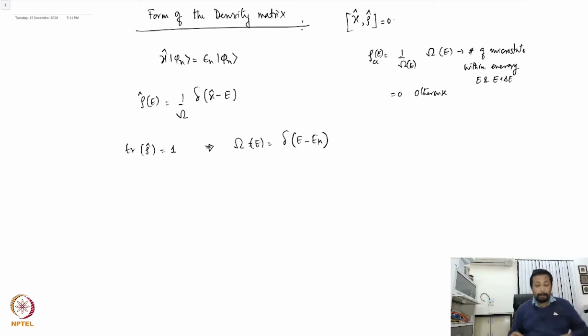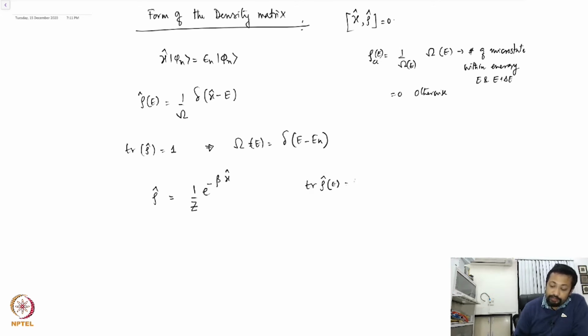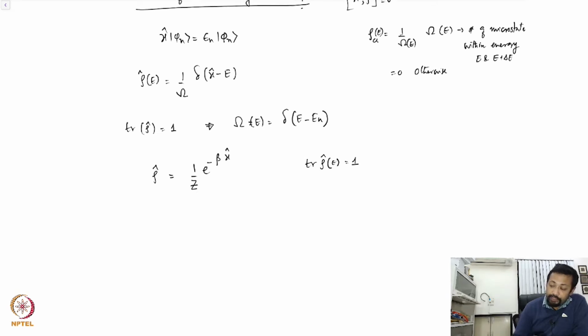Right? For a canonical ensemble, we have rho hat as e to the power minus beta H hat, times 1 over Z, so that again we use the condition trace of rho hat is equal to 1, and this would mean that Z is equal to trace of e to the power minus beta H, which is the sum over n, because I'm working in the energy representation, of e to the power minus beta En.